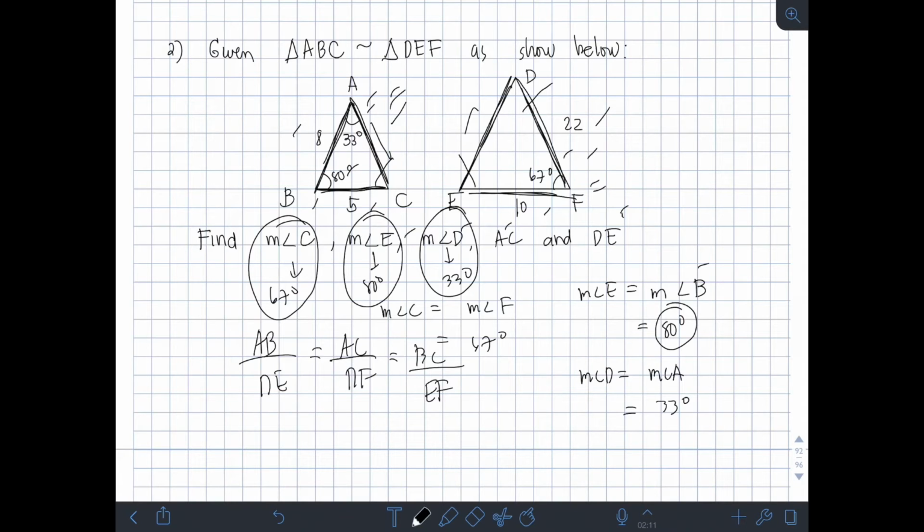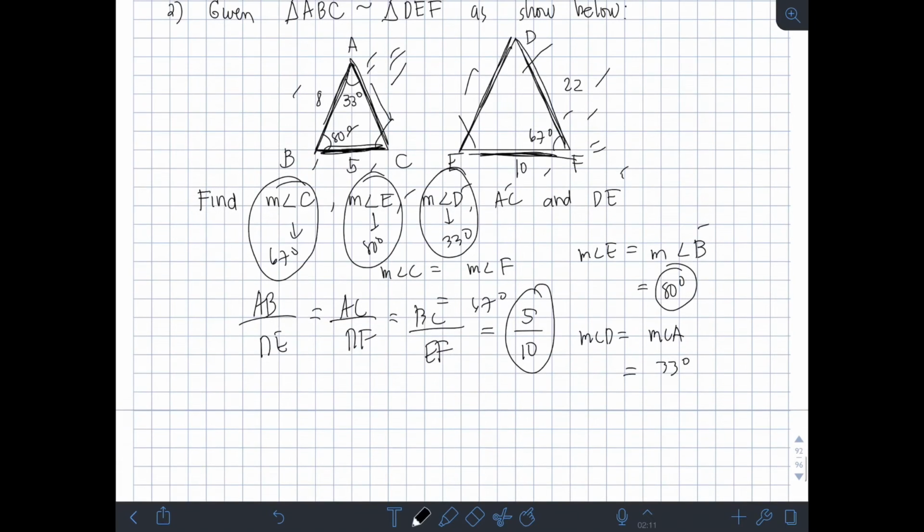So again, hanapin natin yung dalawang sides na parehong given. Obviously, itong BC tsaka EF, right? So, BC is 5 over EF is 10. So, ito yung constant of proportionality natin sa ratio. 5 over 10 or simply 1/2.